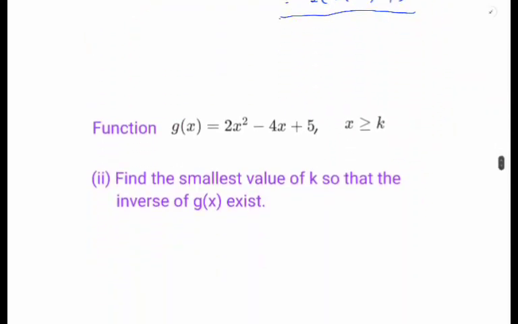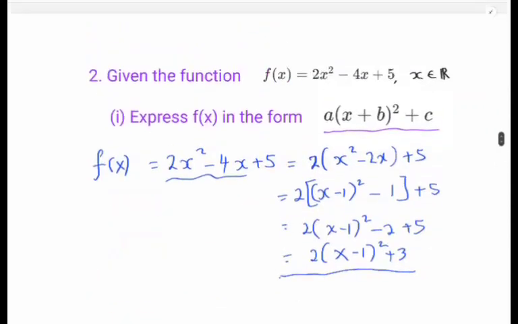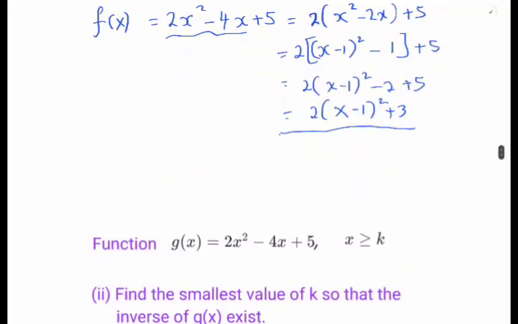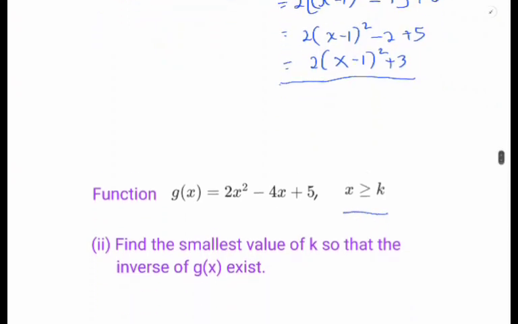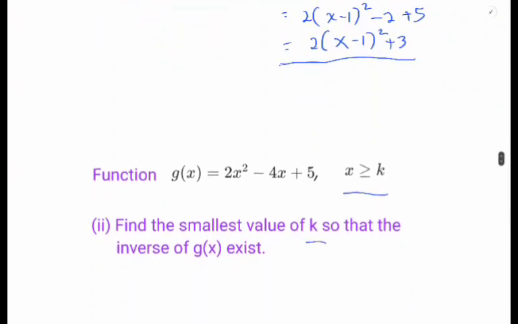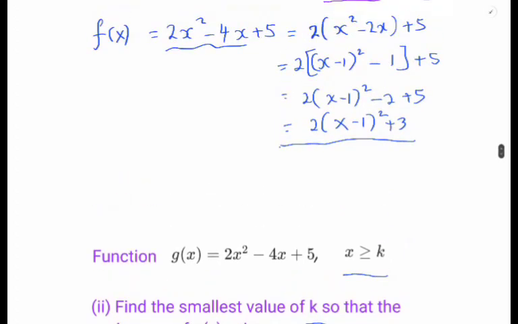Okay, second part of the question here, the function. You are referring to the same function, but this time for x bigger or equal to k. Find the smallest value of k so that the inverse of g(x) exists. Now here, if the inverse is to exist, it has to be a one-to-one function.